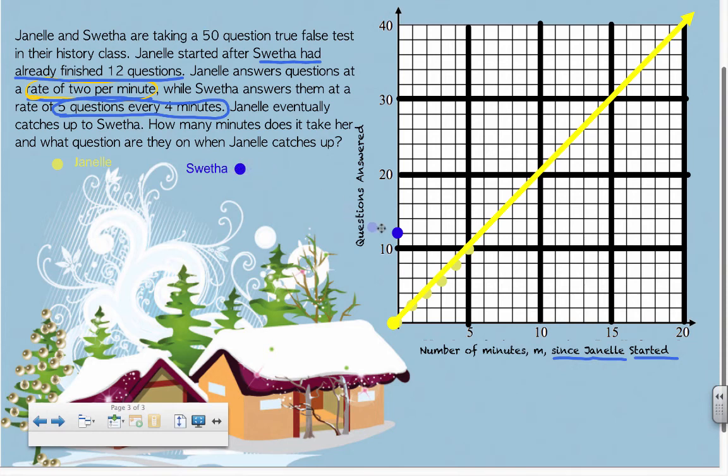So that's basically a rate of 5 questions, means she's up to 17, and that takes her 4 minutes, so we'll go over to the 4-minute mark. So 5 questions on to 17 bring her to 22, and then we're going to go over 4 minutes.